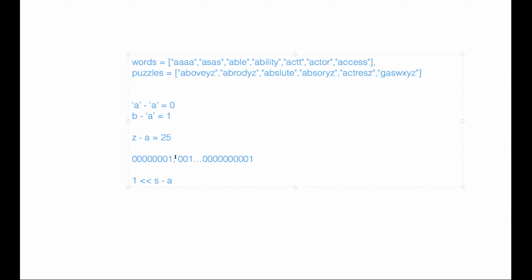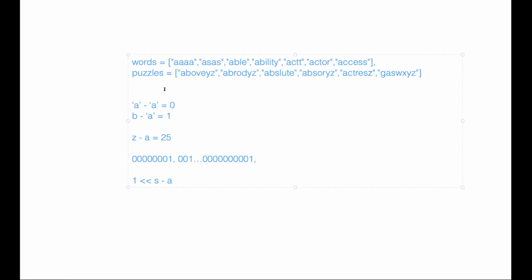But you can think of the 32 bits, and the first bit from the very right represents A, the second represents B, third represents C, and so on up to 26. Okay, so these are the integers which I will get based on each of the words. Correct?